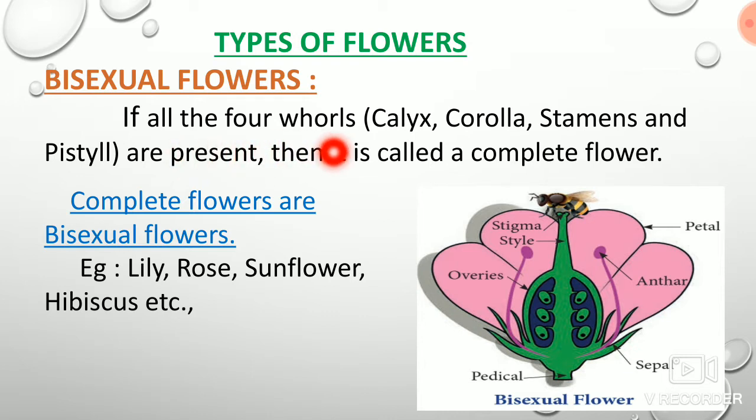If all the four whorls such as calyx, corolla, stamen and pistil are present, then it is called a complete flower. Complete flowers are bisexual flowers. Lily, rose, sunflower and hibiscus are some examples of bisexual flowers.